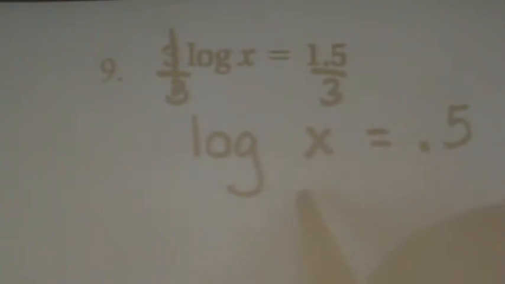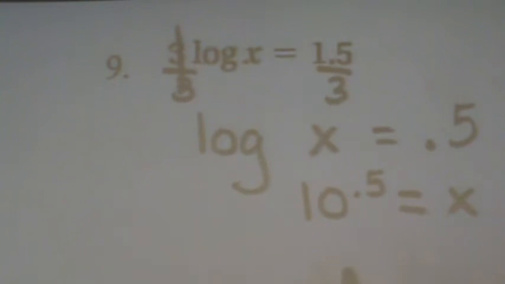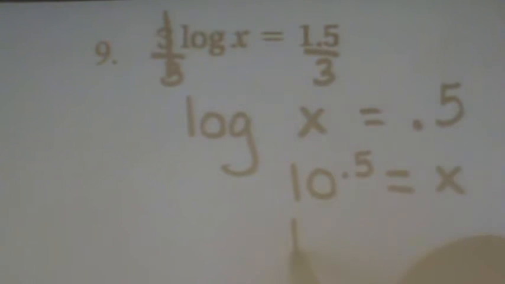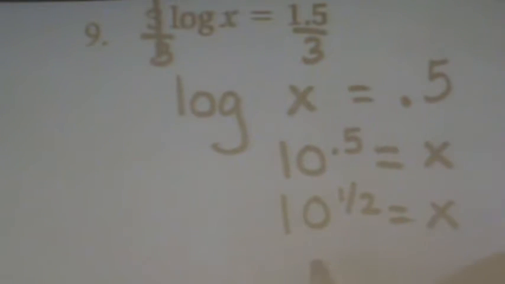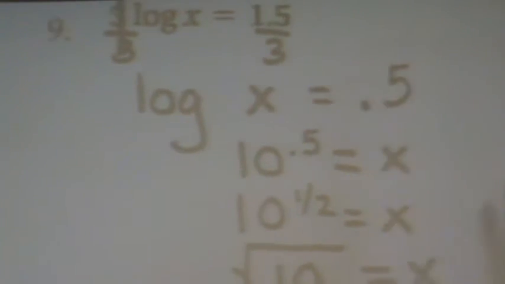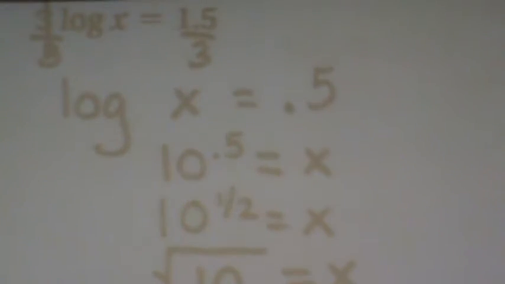Change it to what? Now, just so you know, what's another name for 10 to the 0.5 power? What's another name for 10 to the 1? These are all the same problem. These all mean the same thing. So however you type it in your calculator is fine. What'd you get? 3.6? 1.6?